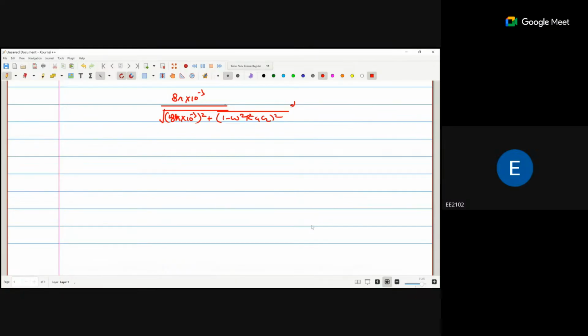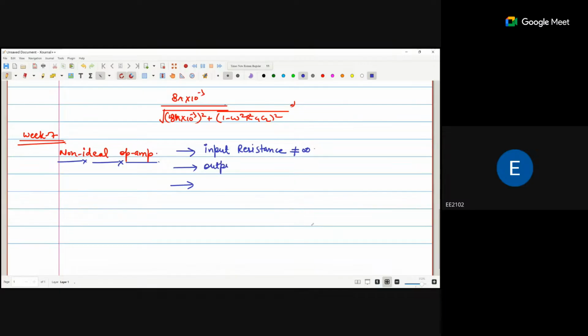Now in week 7, we discuss the non-ideal op-amp. In the case of a non-ideal op-amp, generally we take three things. One is that their input resistance is not an infinite quantity.